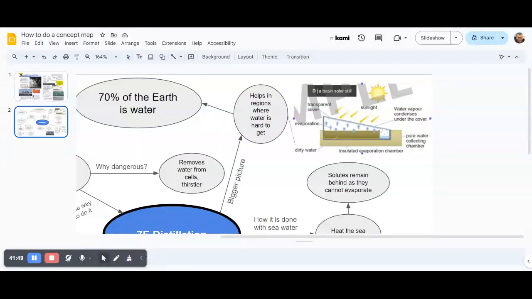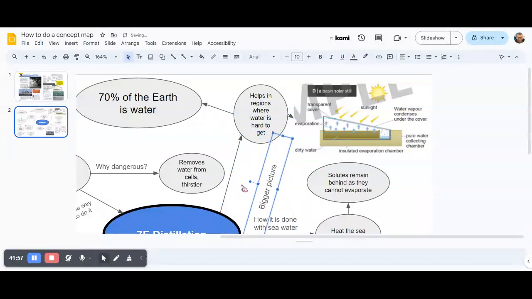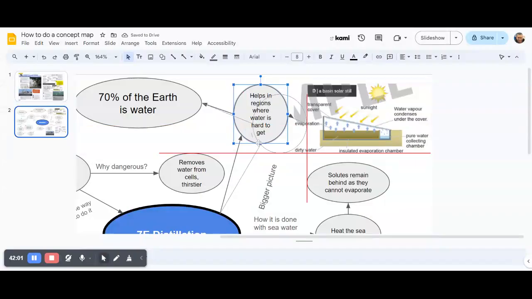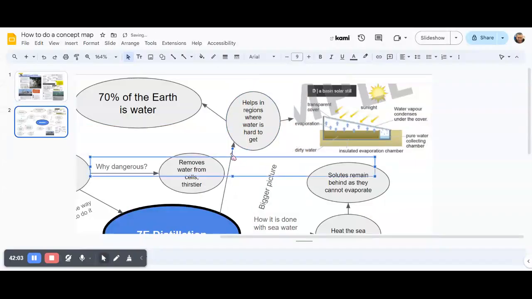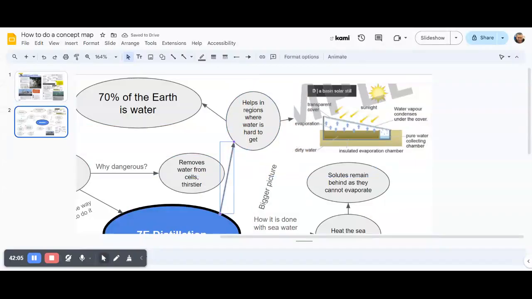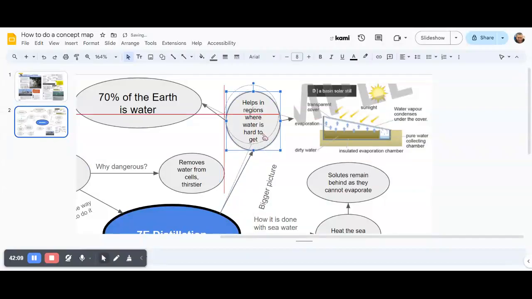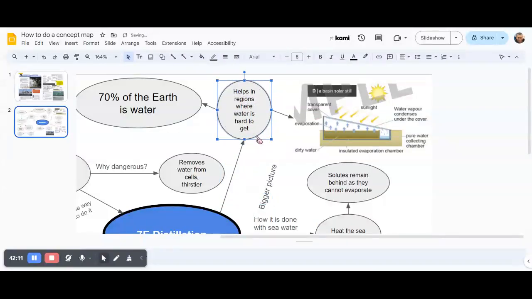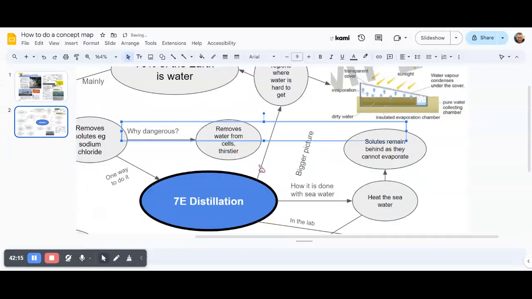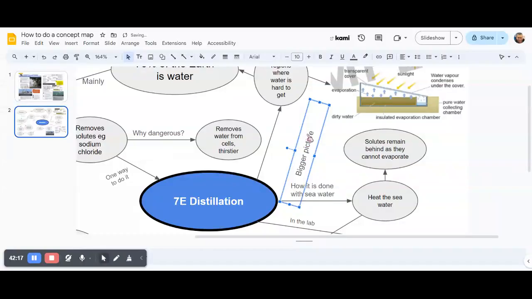Then what I can do is have something going across to here. I'd like this arrow to go to the center, so I can move it down a little more. So if I just do this, click, click, click, and move that here, then I can move this over here, and I've got more flexibility now with my concept map.